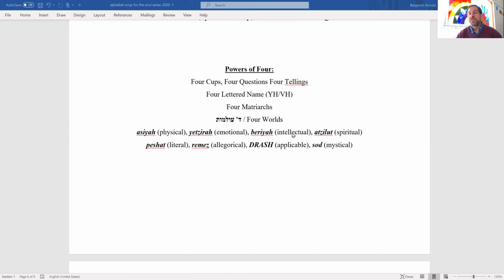So physical, emotional, intellectual, and spiritual, Asiyah, Yetzirah, Bria, and Atzilut. And change, according to the Tree of Life images in the Kabbalah, happens through a flow through these 4 worlds.